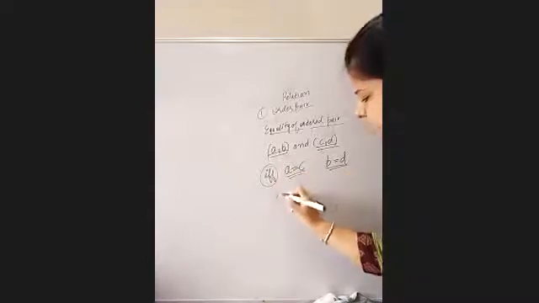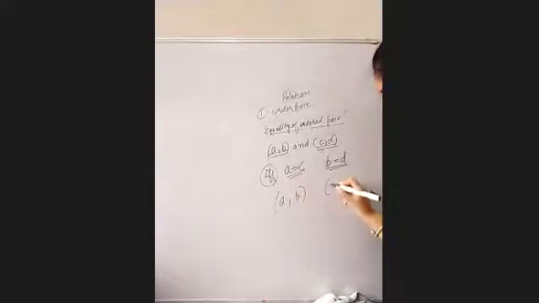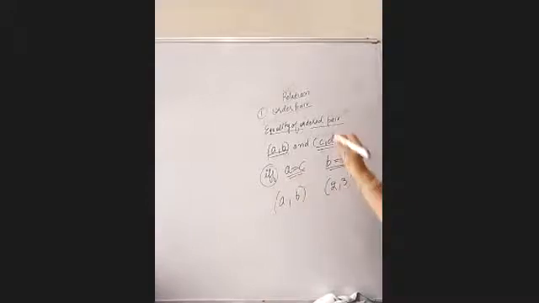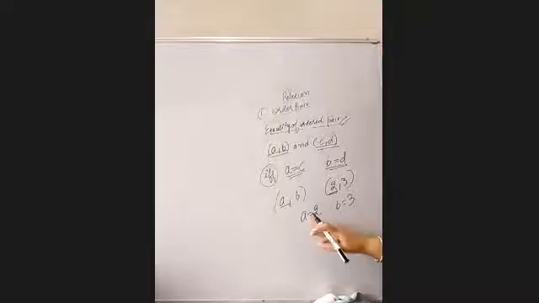If the pair (a, b) and (2, 3) are equal, then it is only possible when a equals 2 and b equals 3. Then only we can say that they are equal ordered pairs.